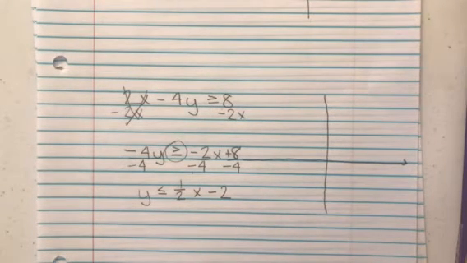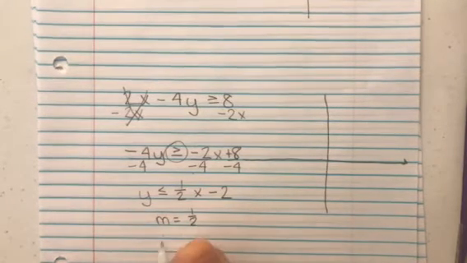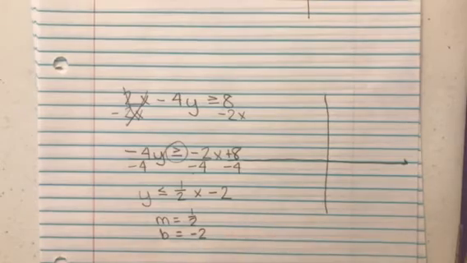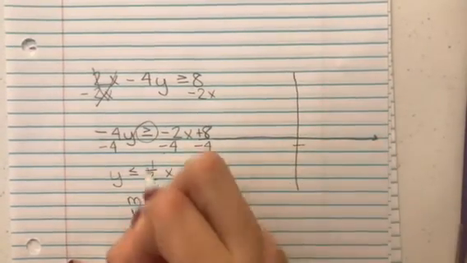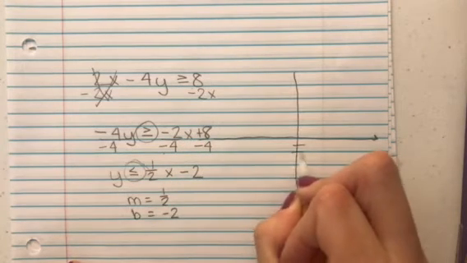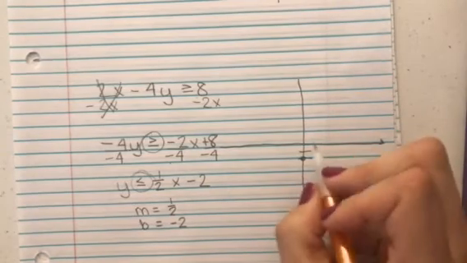Okay, so my m is 1/2. My b is -2. So this point, as long as we get this solved for y correctly and we get that sign flipped, nothing else is different. I'm going to start at -2.